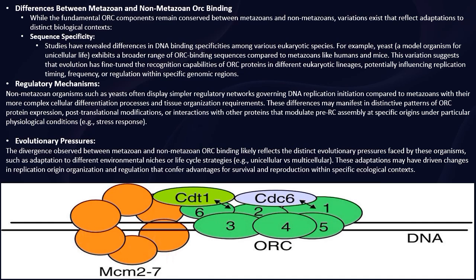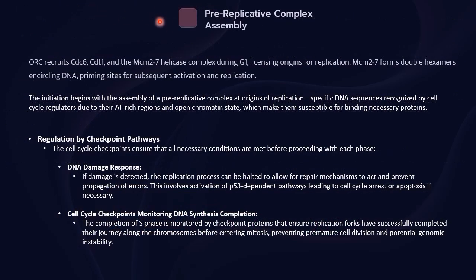So now let's try to understand the pre-replicative complex assembly. When the ORC binds to the ORI sequence, as shown in the illustration in the previous slide, it recruits several other proteins and complexes like CDC6, CDT1, and the MCM2-7 helicase, where MCM stands for minichromosome maintenance protein, and 2-7 are the names of different proteins which come together to form this helicase complex.